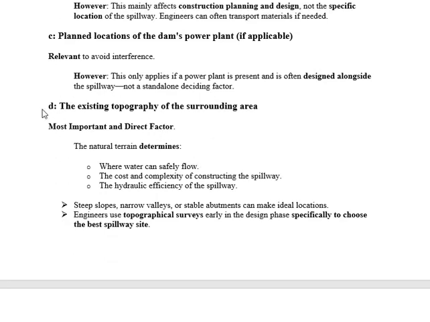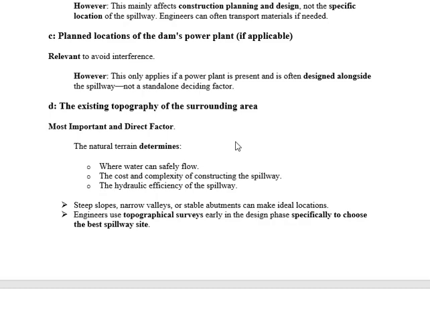When we see option D, it says the existing topography of the surrounding area. This is the most important and direct factor regarding the selection of location for the spillway. It is an influential factor because the natural terrain dictates where water can be safely discharged, how efficiently it can flow, and how economically the spillway can be constructed.